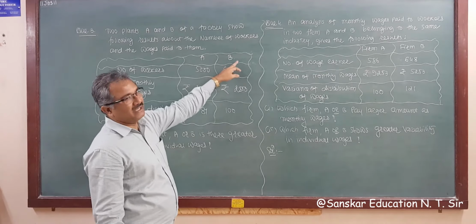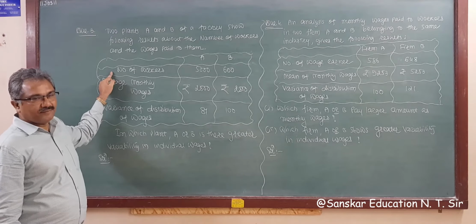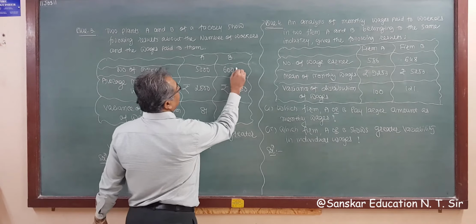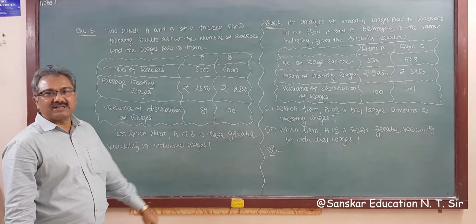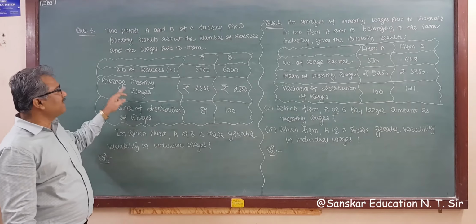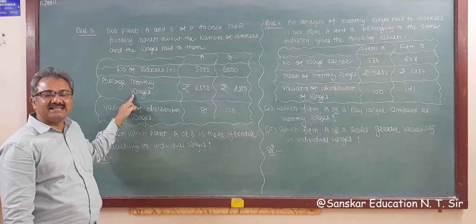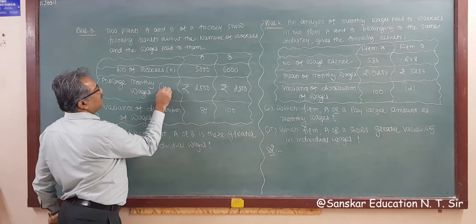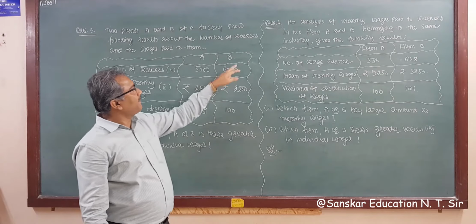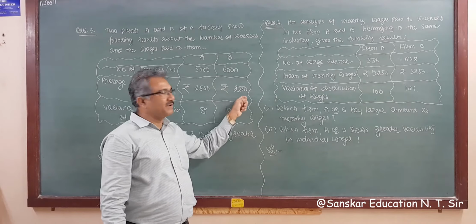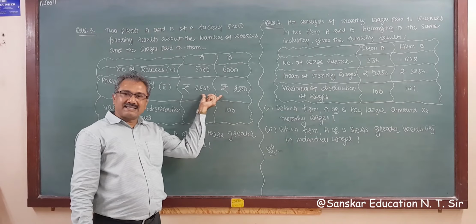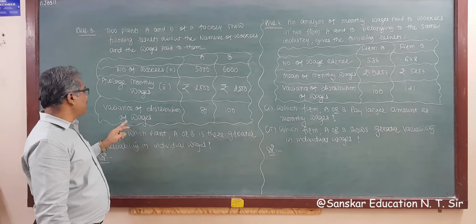So plant A, plant B. The number of workers is given as 5,000 and 6,000, that is N. Average monthly wages, that is your mean x bar, is given for plant A as rupees 2,500, and for plant B it is also rupees 2,500. Means the mean of both plants is the same, and then the variance of the distribution of wages.